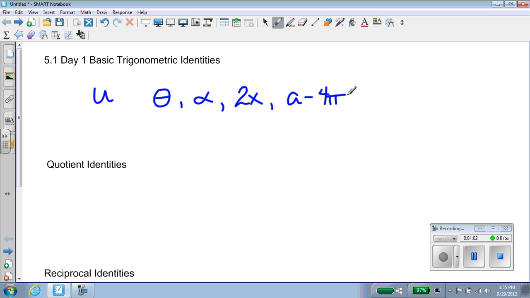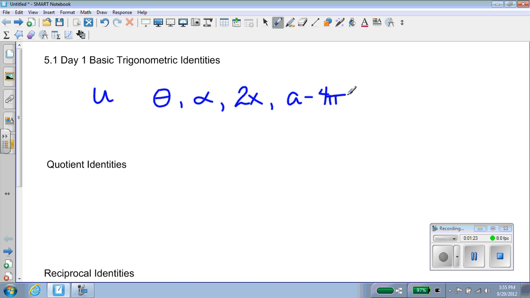Okay, the other general rule is that for some of the identities, we can use powers, and the way powers are written is not the same as the way powers are written other places in mathematics.